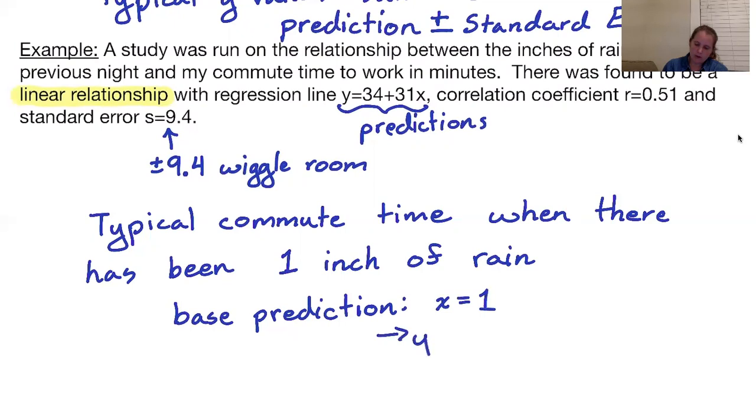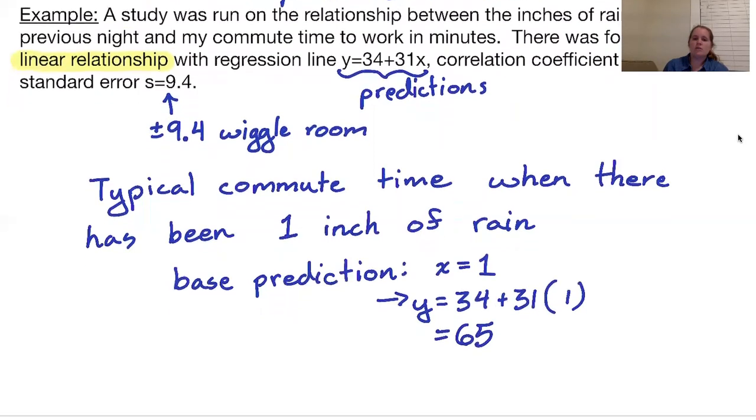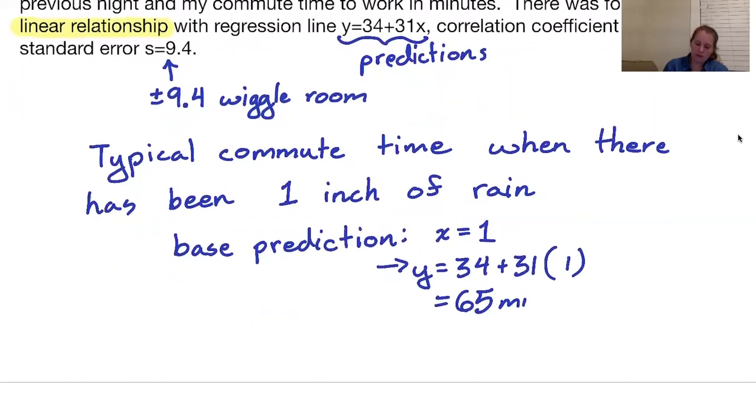So we have y is 34 plus 31 times 1. And that just winds up being 65. So our base prediction is 65 minutes.